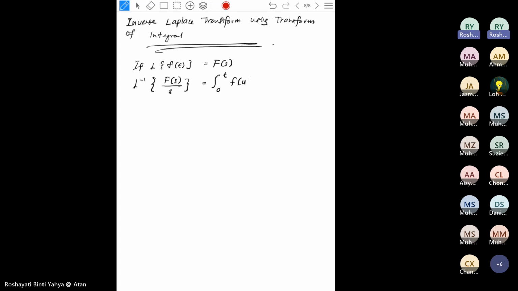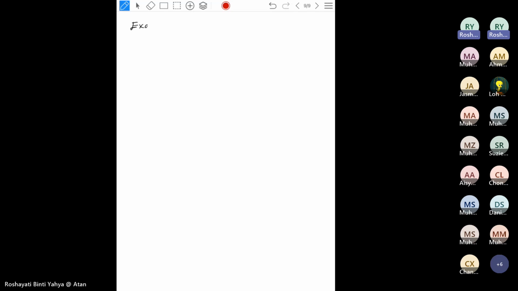You integrate your f(u) du. Okay. We have example 4.30. Inverse Laplace transform of 1 over s squared minus 9.